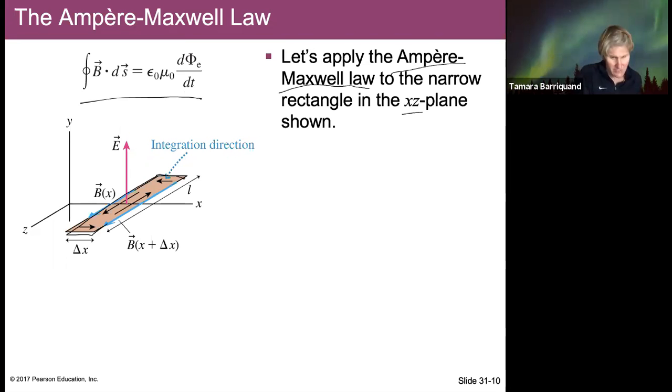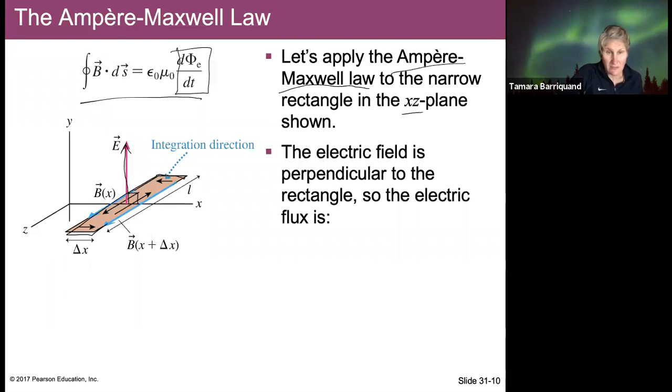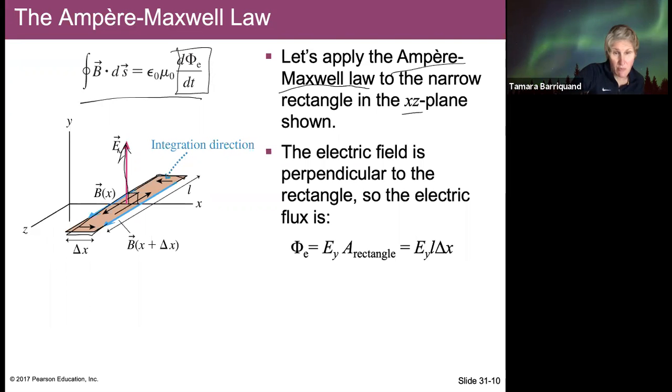So let's start by looking at the change in the electric flux with time. The electric field, as we see right here, is always perpendicular to the rectangle. And so the electric flux, which we know is E dot A, will be E in the y direction times the area of the rectangle, which is just L times Δx.